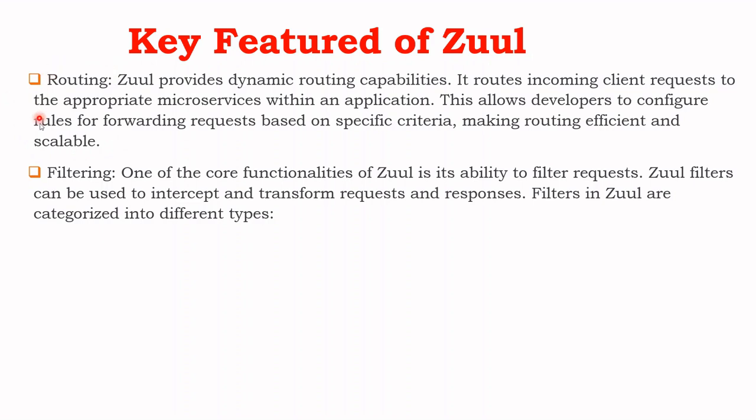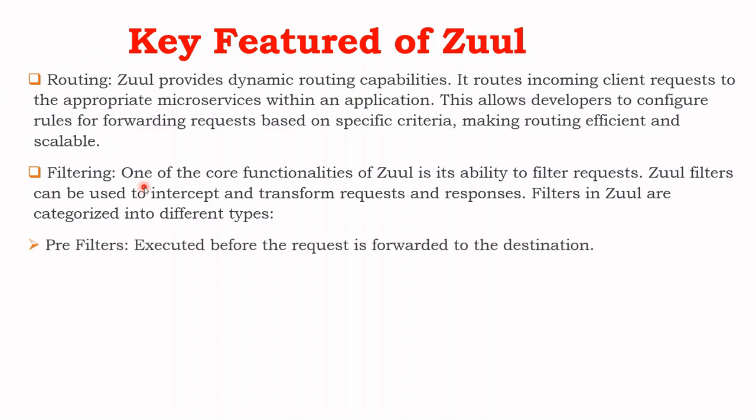Okay, filtering. We can filter with the help of Zuul. One of the core functionalities of Zuul is its ability to filter requests. Zuul filters can be used to intercept and transform requests and responses. Filters in Zuul are categorized into different types. We have pre-filters, executed before the request is forwarded to the destination.